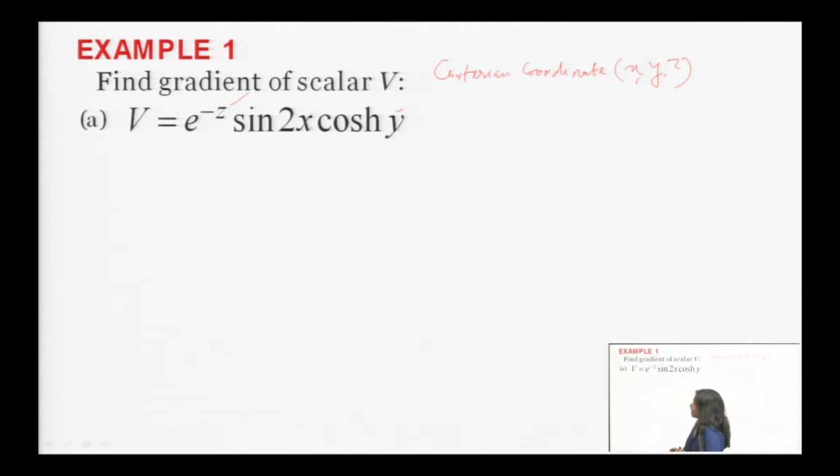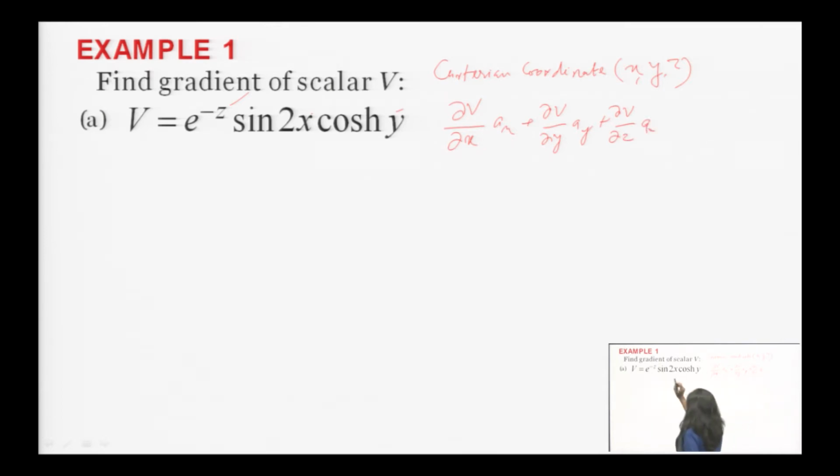So we need to apply the formula of gradient in Cartesian coordinates. The formula is: here the scalar function is V, so we will apply dV/dx ax plus dV/dy ay plus dV/dz az.